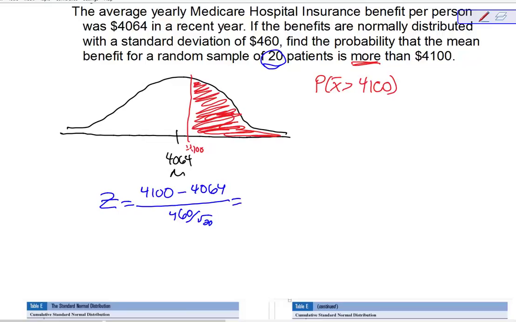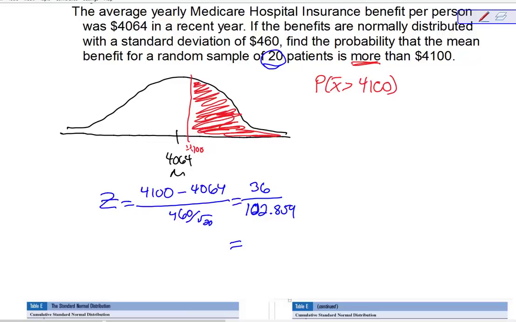So 4,100 minus 4,064 is equal to a positive 36, and 460 divided by the square root of 20 is going to be the exact same that we got a minute ago, 102.859.